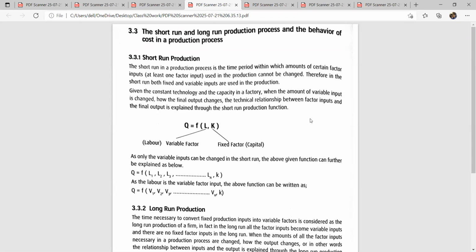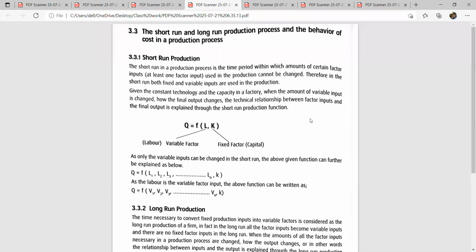I taught you the short run is a period where only variable factors are increased in order to increase the production. But in the long run, both fixed and variable factors are increased. In other words, all inputs are increased in order to increase the production. So in the long run, we can't classify resources into fixed and variable. All the resources are likely to be variable in the long run.